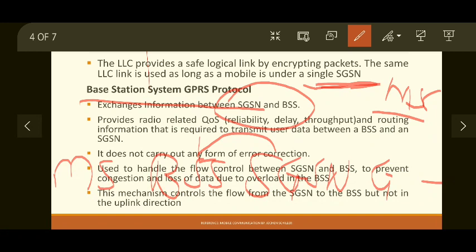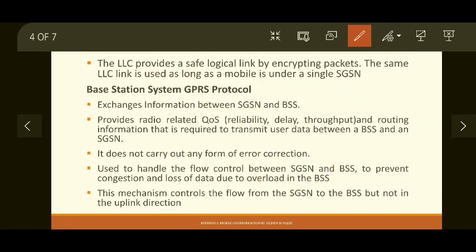The data formats for BSSGP are compatible for mobile handsets. So that format is obtained via SNDCP as we have just seen, but it should provide the minimum required quality of service, that is reliability, delay, throughput, and all the other QoS parameters which are required for the radio interface, and that is maintained by the BSSGP.